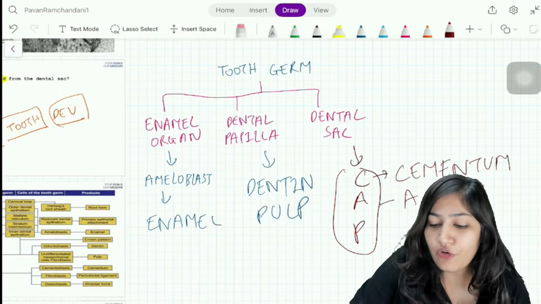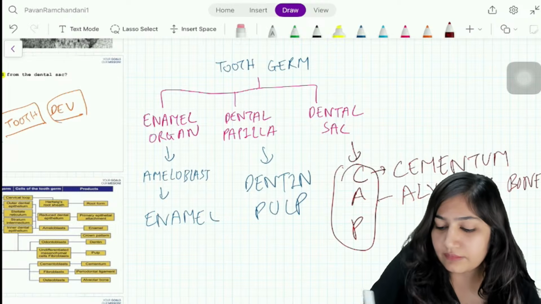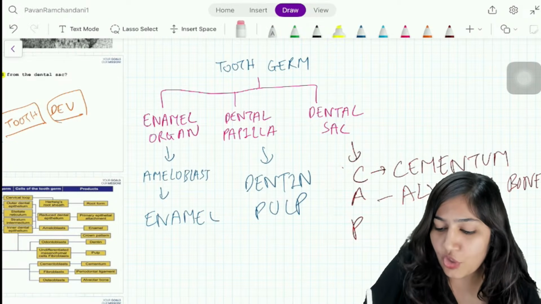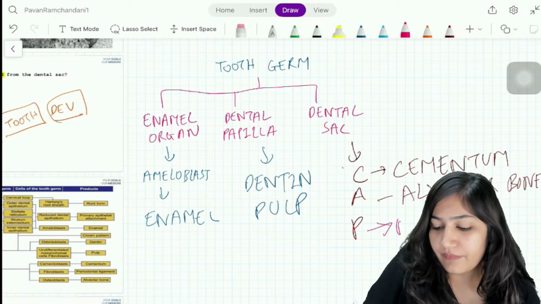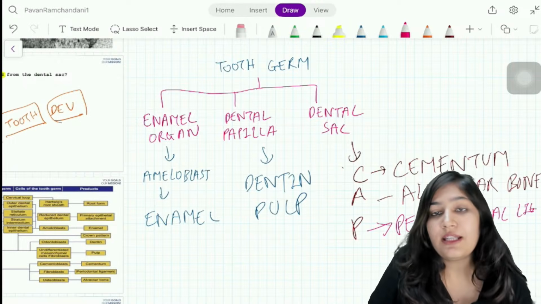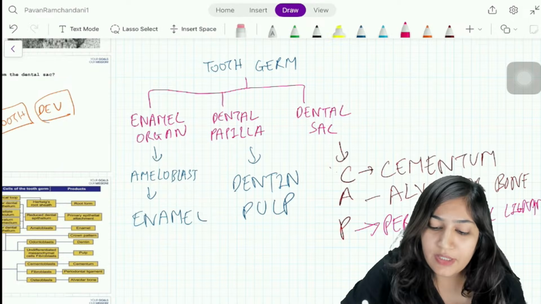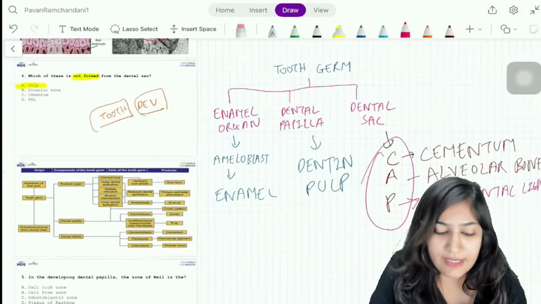So remember CAP for dental sac. Cementum, alveolar bone and periodontal ligament. So CAP for dental sac. Yes, Nandini, good. CAP for dental sac.